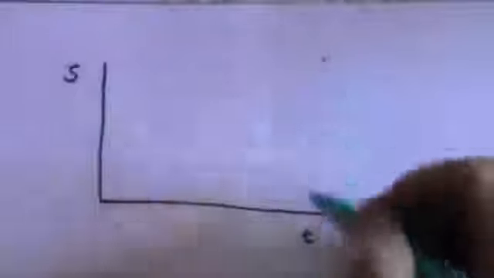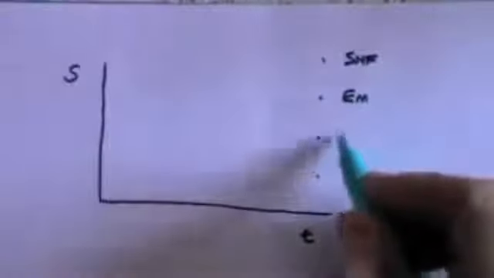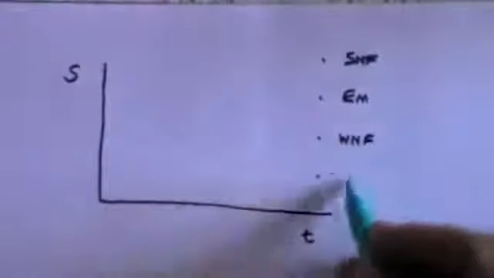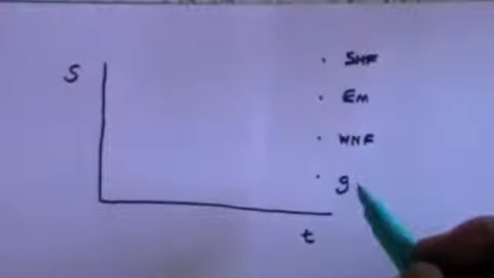The second is unification. Now, in the last video I drew a graph where I looked at strength versus time, and you remember there are four forces: the strong nuclear force, the electromagnetic force, the weak nuclear force, and gravity. I said these were not to scale, since the strong nuclear force is 10 to the 38 times stronger than gravity.